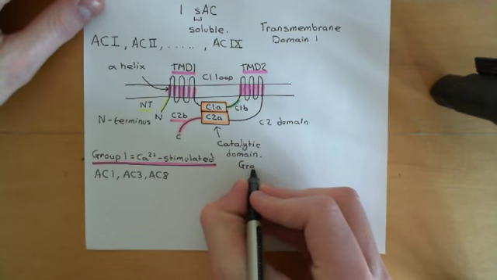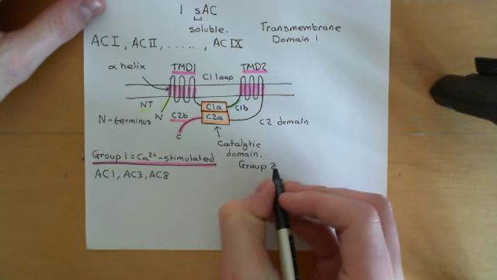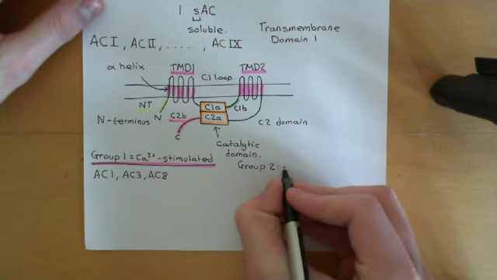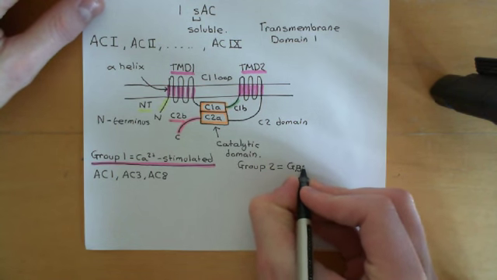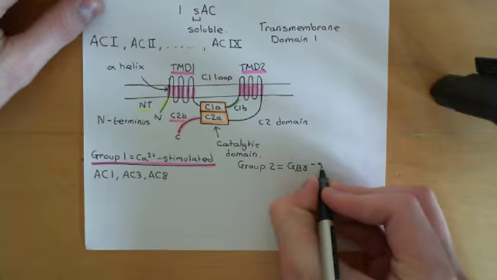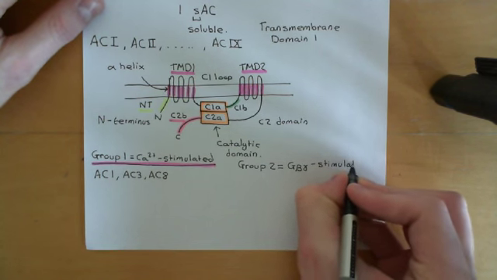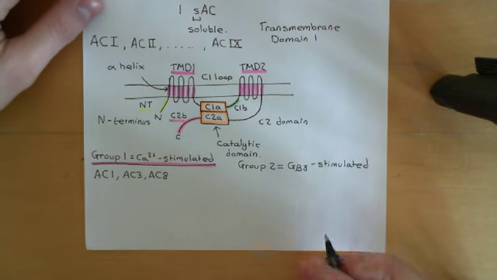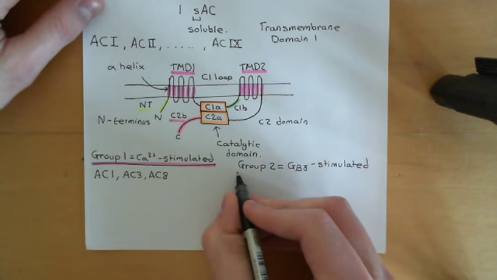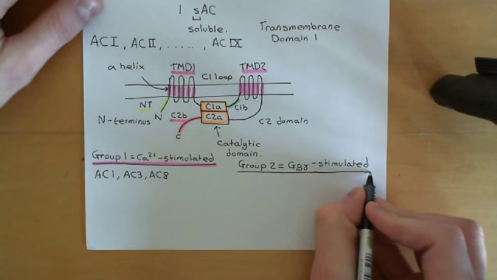Let's now go on to group 2 adenylyl cyclases. The group 2 adenylyl cyclases are what are known as the G-beta-gamma stimulated adenylyl cyclases, and these are stimulated by the beta-gamma complexes of heterotrimeric G proteins. However, it's slightly more subtle than the G-beta-gamma complex just being able to stimulate the adenylyl cyclase on its own.